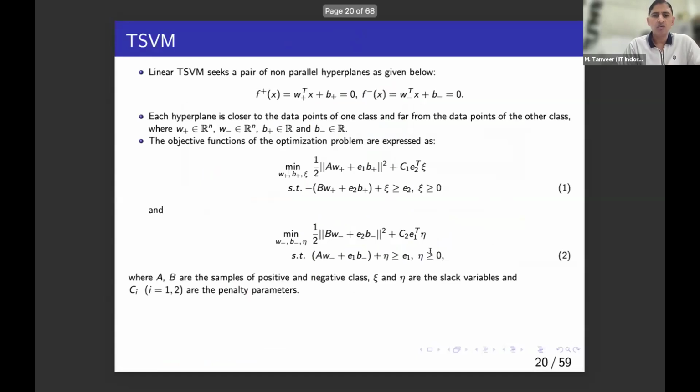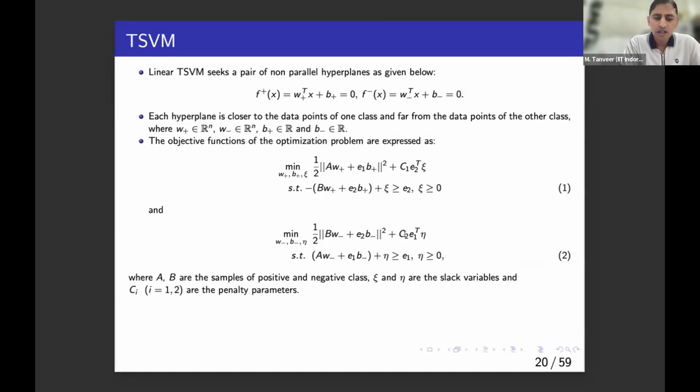We have already seen the SVM algorithm, and now this is the twin support vector machine algorithm. In twin support vector machine, we solve a pair of quadratic programming problems. We can see that we have one QPP and we have another QPP. Essentially, in support vector machine, the quadratic programming problem has all the data points in the constraints.